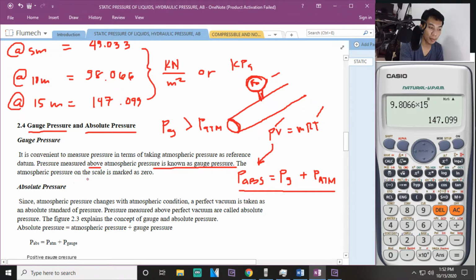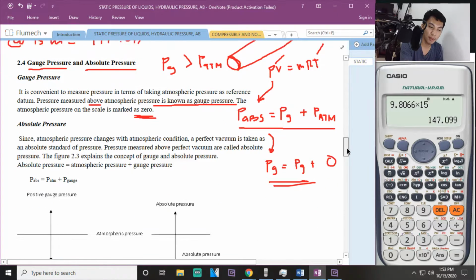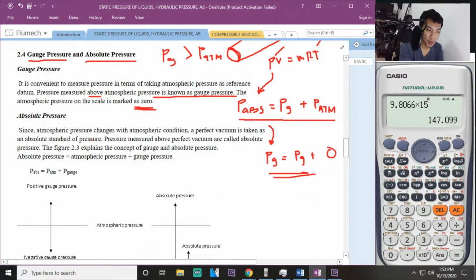The atmospheric pressure on the scale is marked 0 kung pressure gauge. E di yung absolute mo will be equal to PG plus i-0 mo to. Therefore, PG yan. Tama nga naman. Now, the absolute pressure. Since atmospheric pressure changes with atmospheric condition, perfect vacuum is taken as absolute standard pressure.